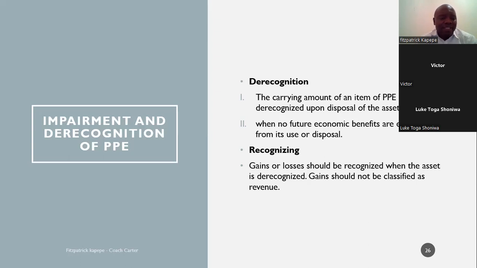Whenever there is no promise of any future economic benefits to flow, we can derecognize and dispose it. Gains or losses should be recognized when the asset is derecognized, and gains should not be classified as revenue.